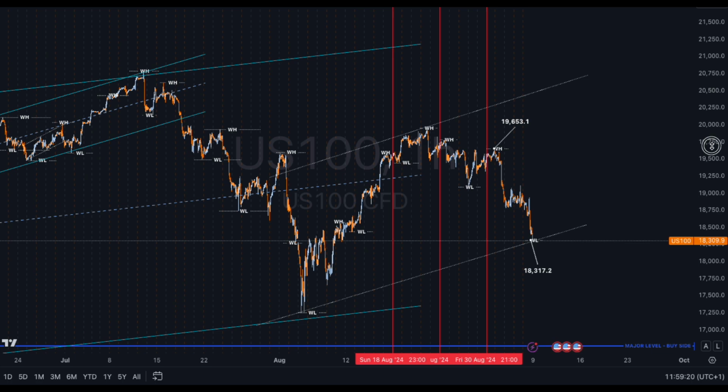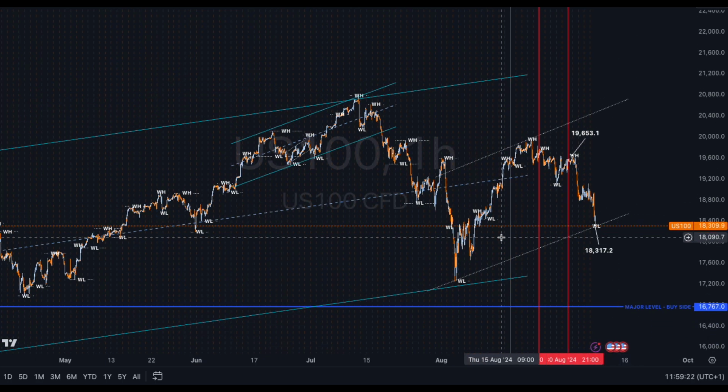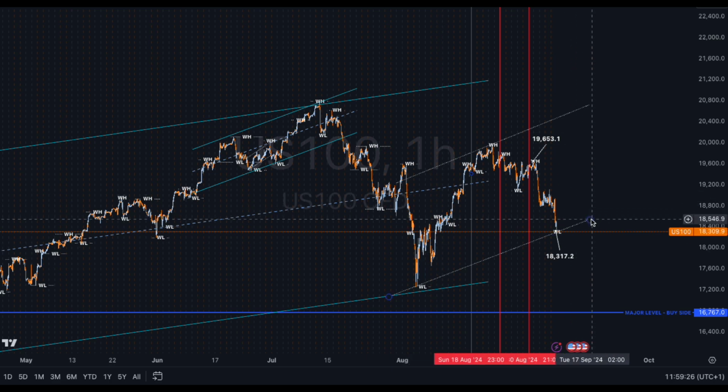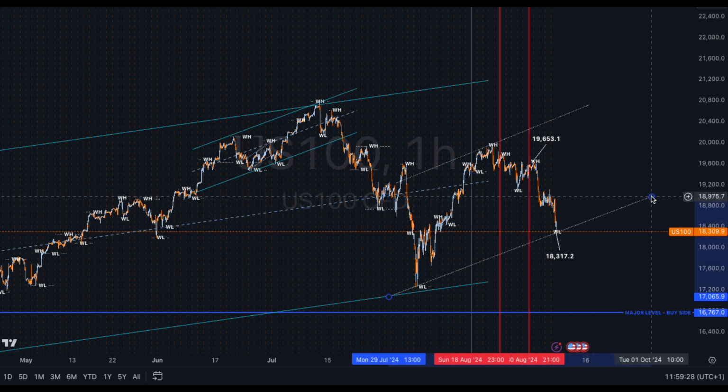So the market has come into this zone right here, part of an ascending channel. Let's just say that's what it's building up right now. Right now, we don't know. We don't have a clue if it is an ascending channel or not. It could continue to push all the way down. We don't actually know, and I'm going to go into another side of why I'm saying what I'm saying.